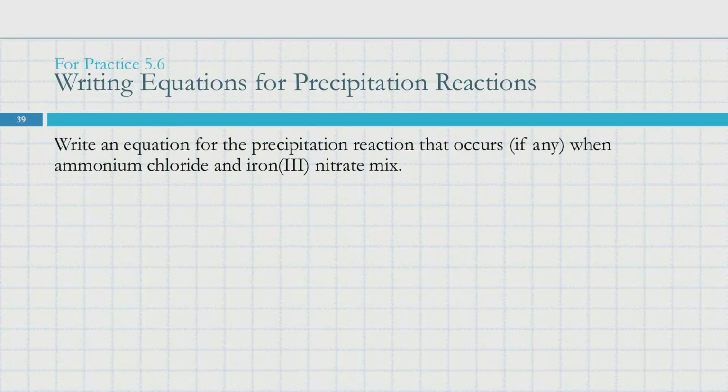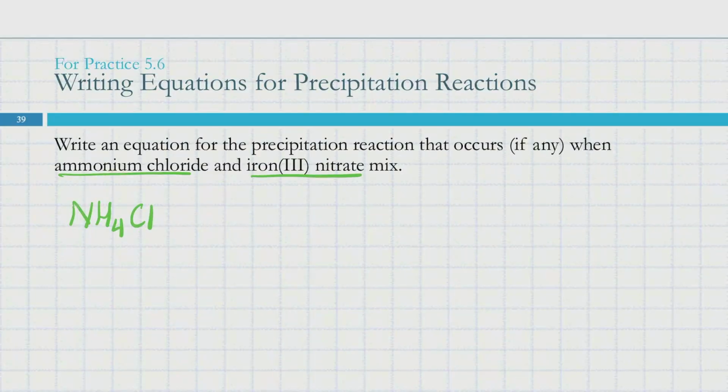So again, we're tapping into our nomenclature knowledge: iron(III) or ferric nitrate, and ammonium chloride. So starting off, we need to write our reactants.